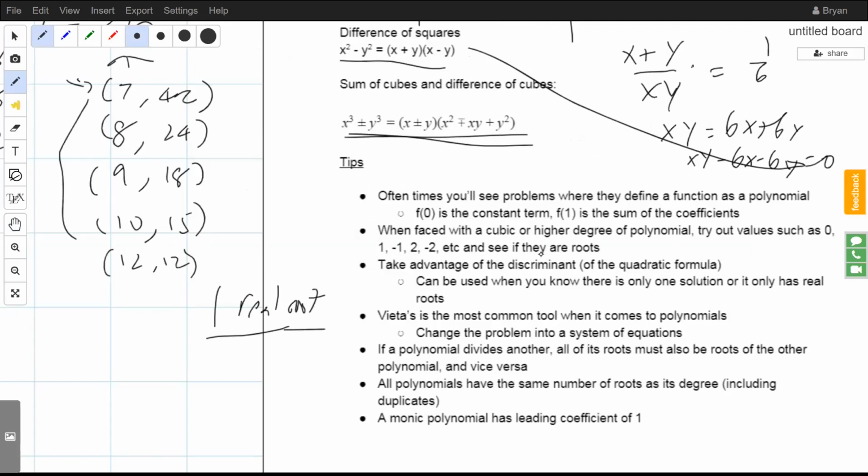I just assume you know what I mean by discriminant. It's the part under the square root in the quadratic formula, b squared minus 4ac.